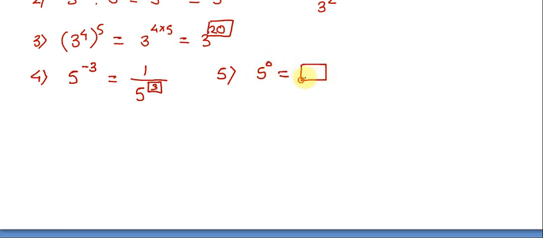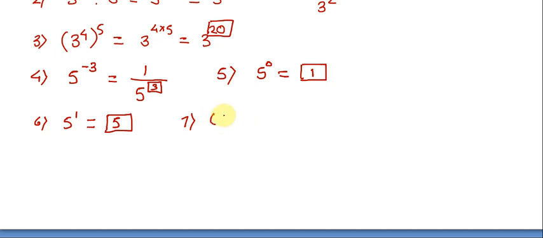It is always 1. Sixth one is 5 raised to the power 1 means nothing. So we can write it as 5, because 5 raised to the power 1 means 5 is multiplied singly. No other multiplicand is there. So 5 is 5.